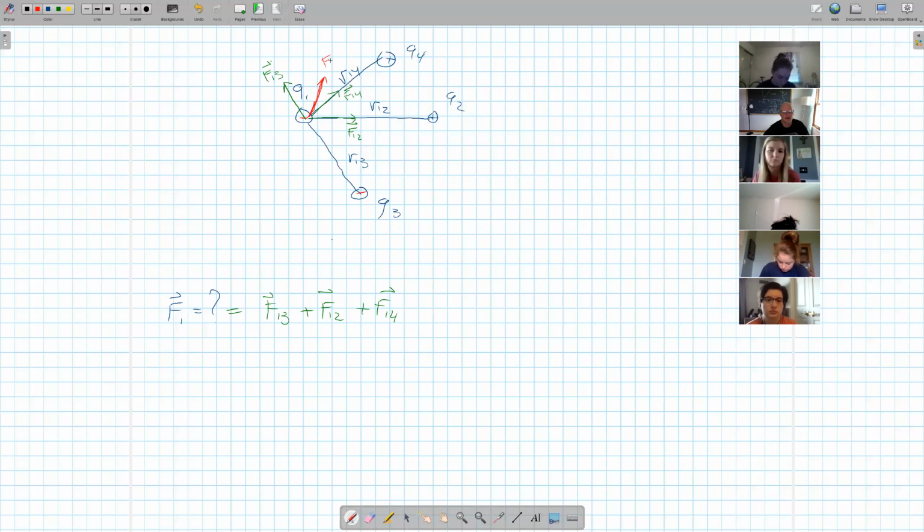So this would be the total force on F1. Okay. So my total force is simply going to be F12 plus F13 plus F14.